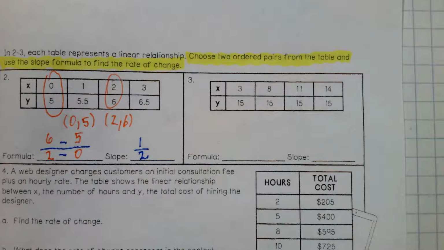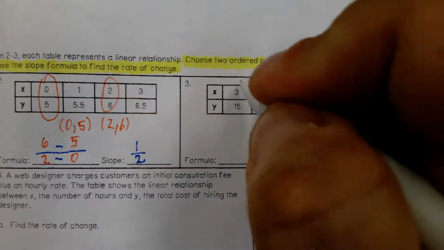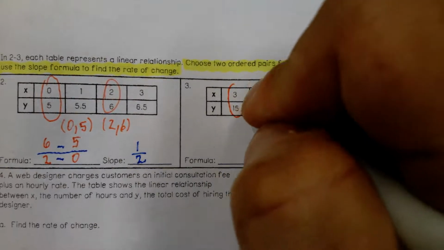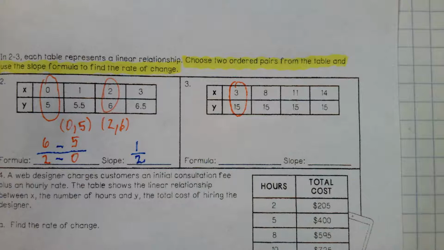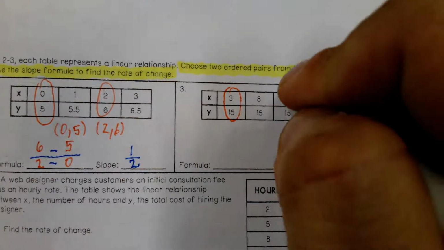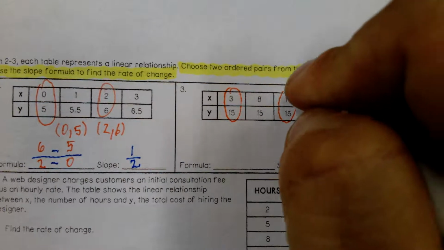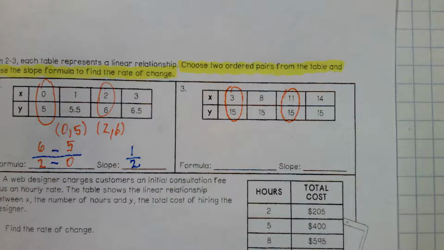Okay. Let's practice that with the second one. Let's pick a couple of points. I'm going to pick 3 and 15. Which other one should I pick? How about 11 and 15? Okay. So let's see what that gives us.